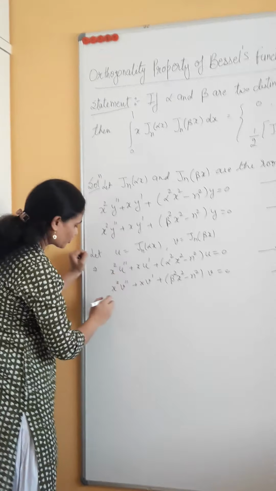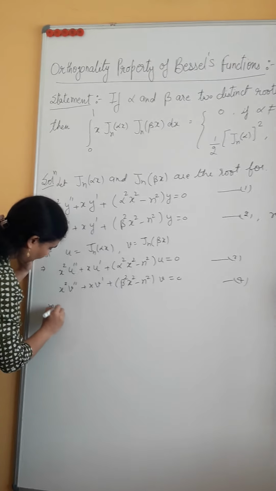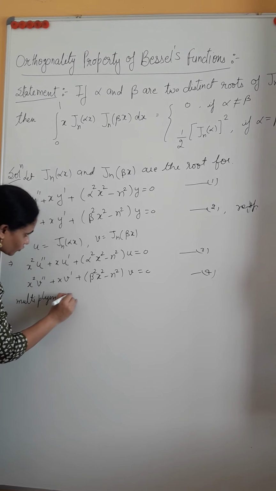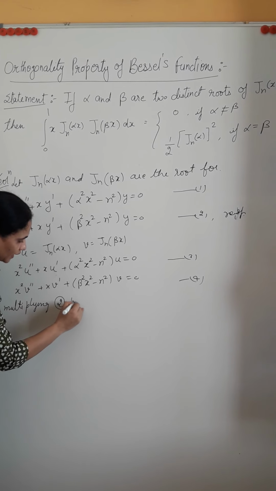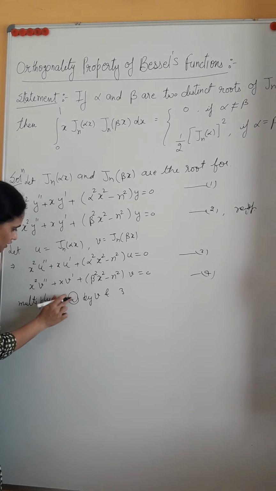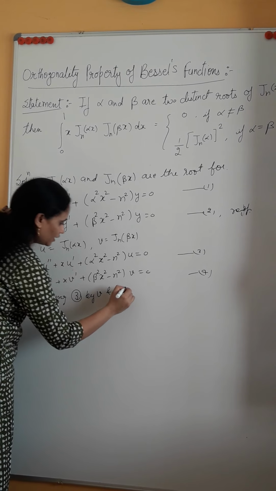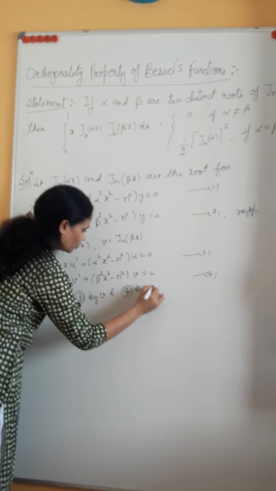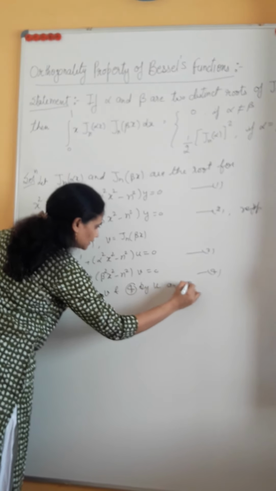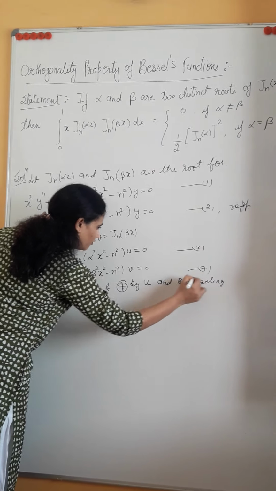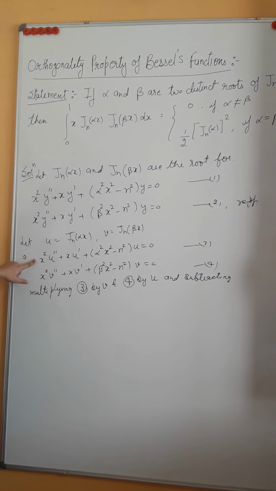So writing here, multiplying 3 by v and 4 by u and subtracting. Let's see what we are getting.